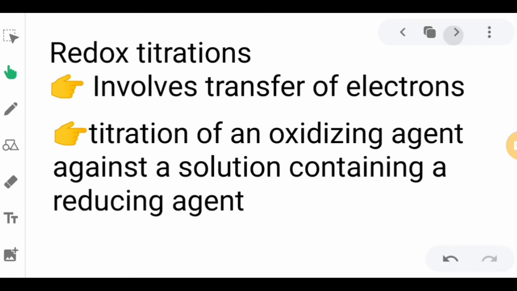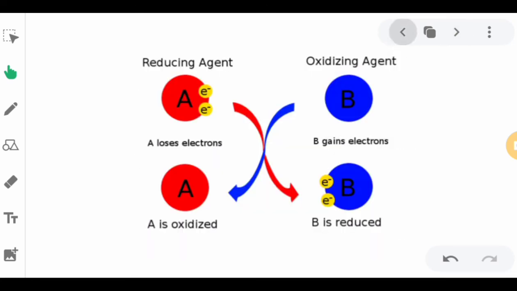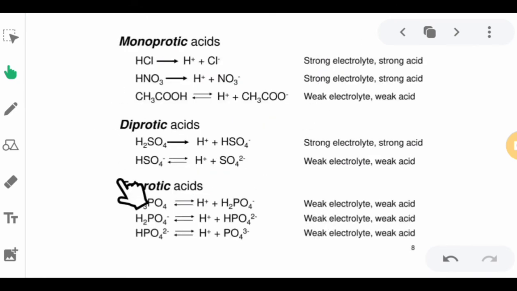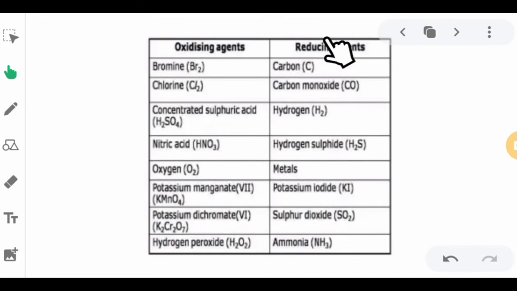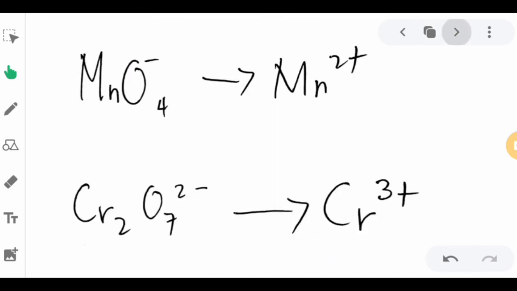So, when we say oxidizing agent, oxidizing agent gains an electron, and a reducing agent loses an electron. Examples of oxidizing agents and examples of reducing agents.